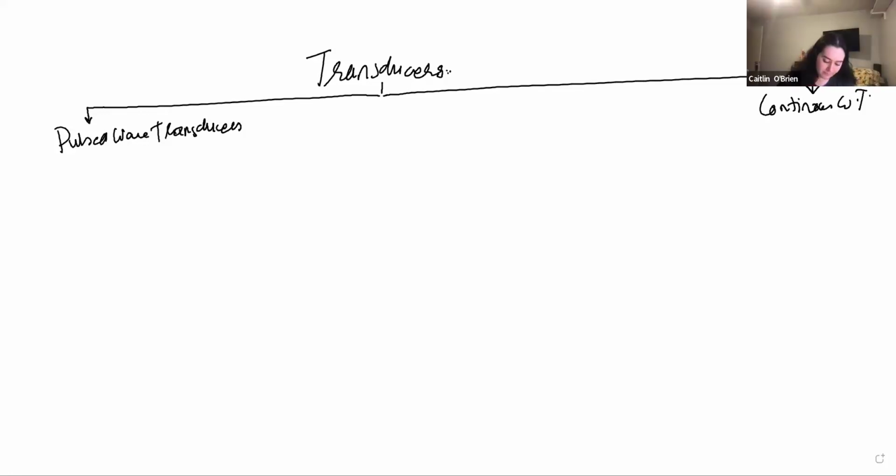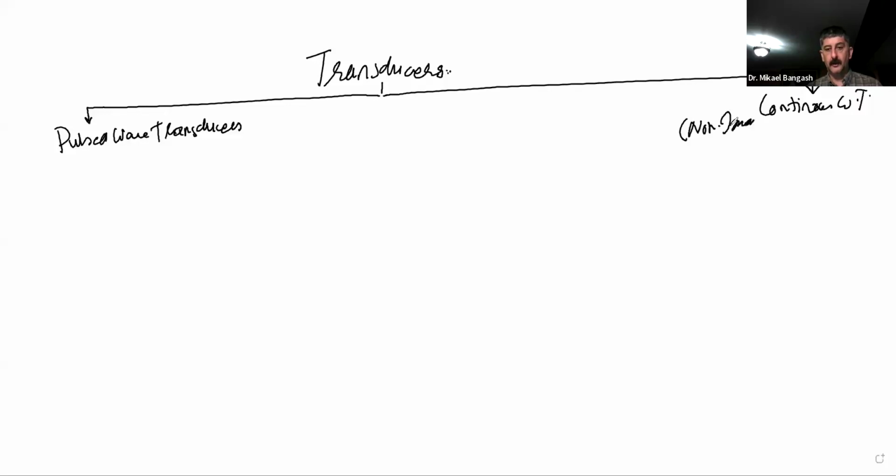Yeah. Good. Okay. Now we already said we also call them non-imaging transducers. And what we said about these non-imaging transducers was that they had no backing material.